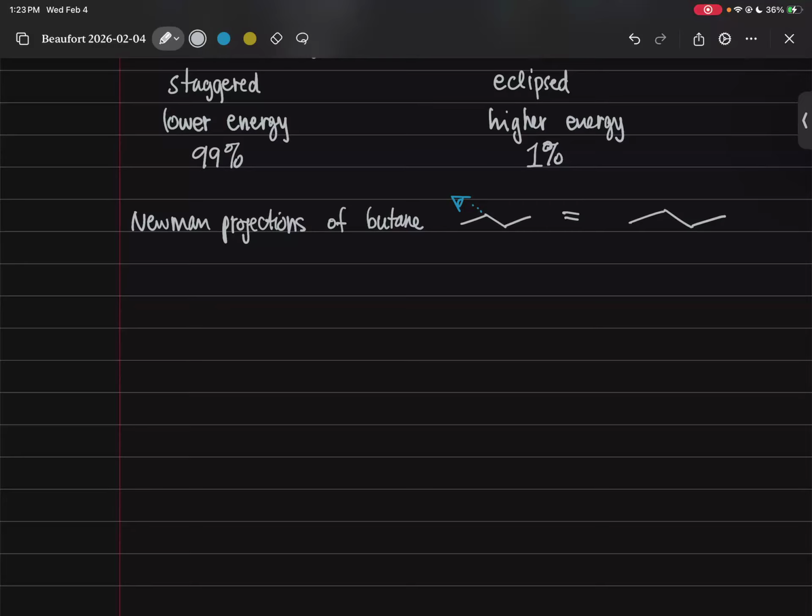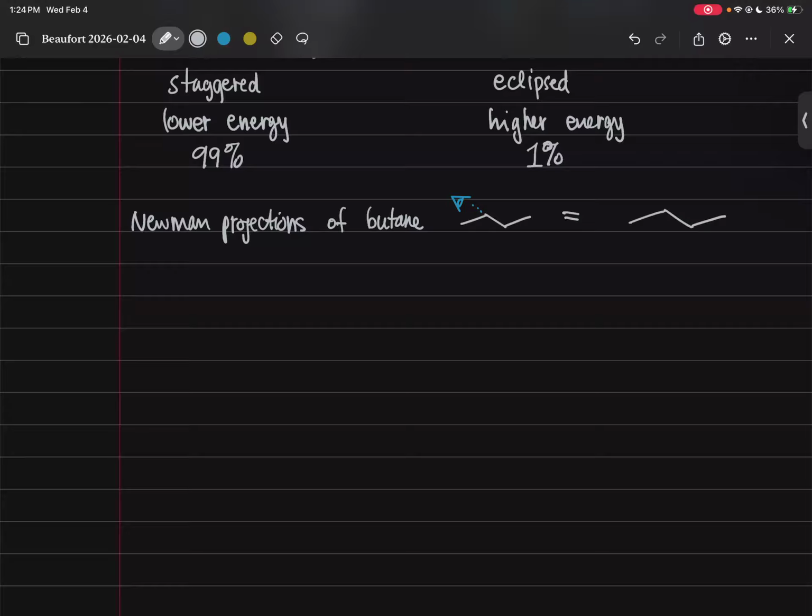There. Okay. So we make our zigzag shape with 4 carbon atoms, like that is what we're looking at in the skeletal structure. So our 4 carbon atoms are in the plane of the board. They don't have wedges or dashes. And so all we need to do is fill in these 2 hydrogens on the left carbon, both of them pointing up, one of them coming towards you, one of them going away from you, and the 2 hydrogens on the right carbon.